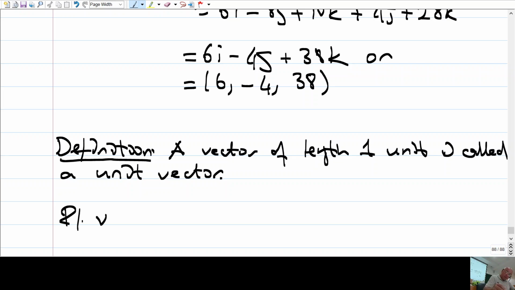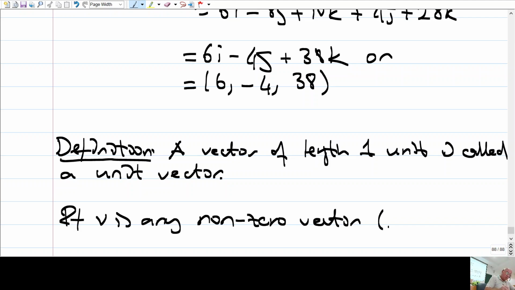If v is any non-zero vector, so it is not the 0, 0, 0 vector. So what I mean is this. Non-zero means this.